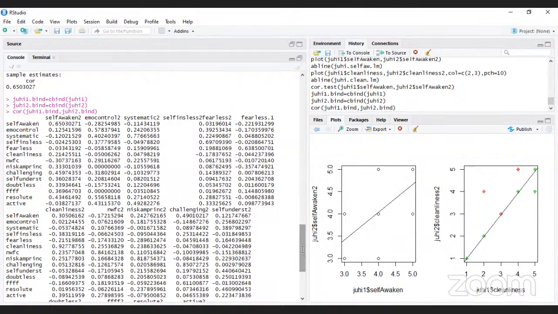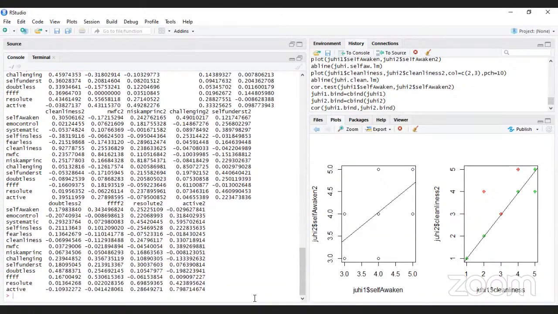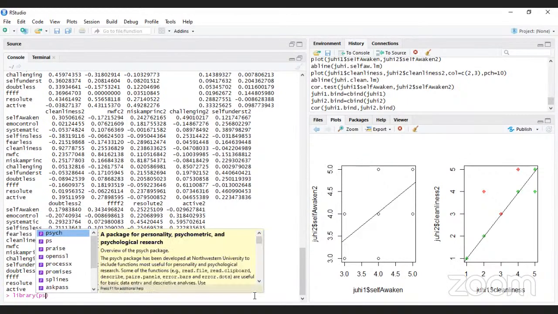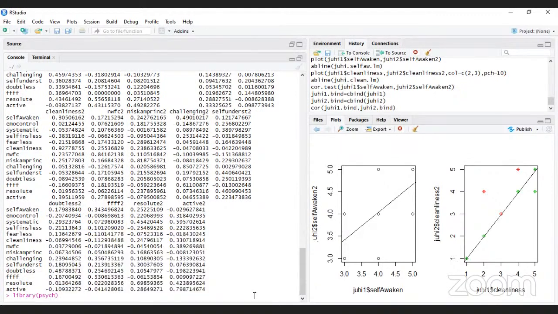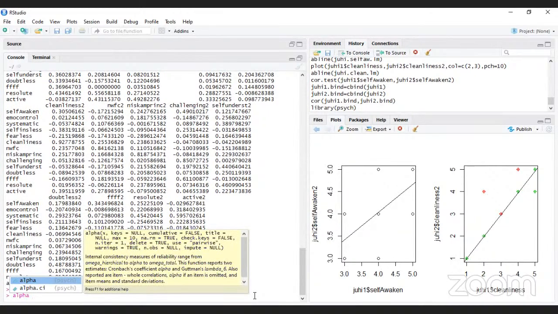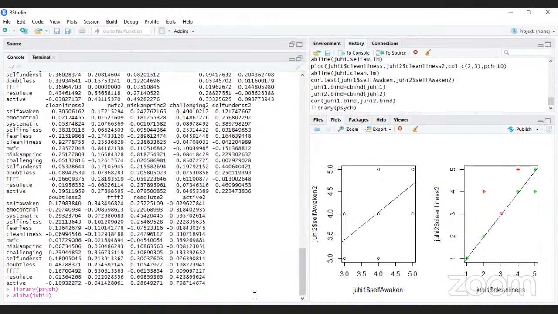Okay, sir. If you want to find out the Cronbach's alpha, I can show you what the reliability is. I can show you. That is a different issue. Interpretation again will vary.